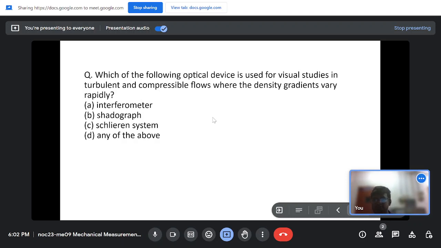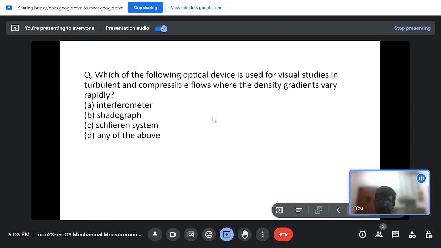So moving on, the next question is, which of the following optical devices is used for visual studies in turbulent and compressible flows where the density gradients vary rapidly?